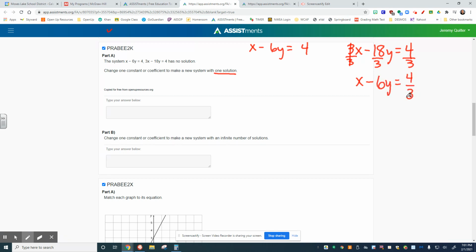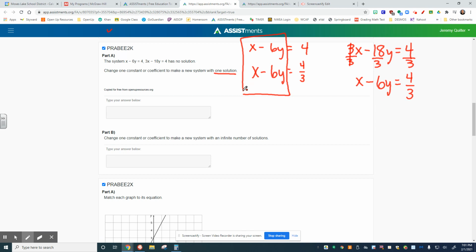And now I can see that my two equations actually simplify to having the exact same beginning terms, which means as it sits right now, this first part of the equation has a different outcome. 4 is not equal to 4/3.